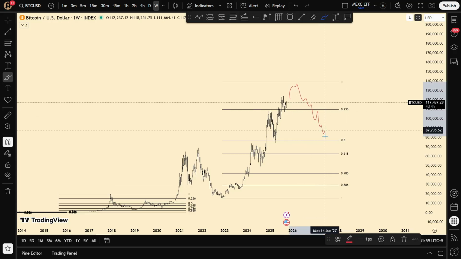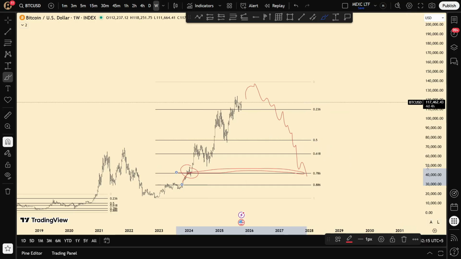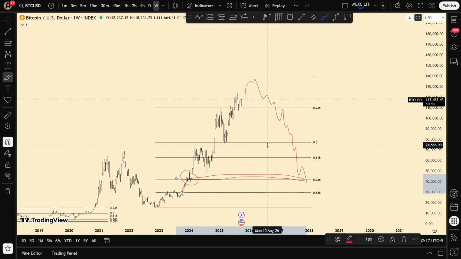And then there is going to be a retracement all the way to 786 region. This point is your buy zone whenever price comes back, because it will eventually do that. If you think Bitcoin isn't going to see 50, 65K levels, you are wrong. It will see that.